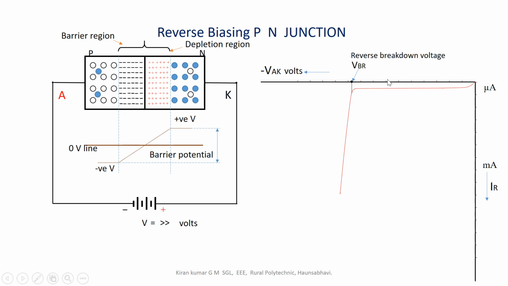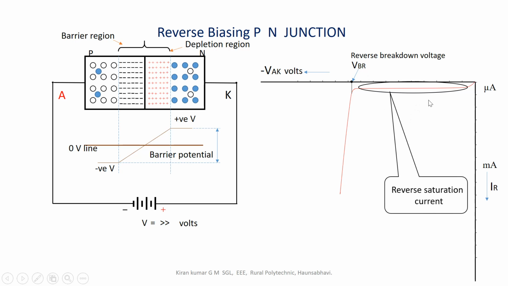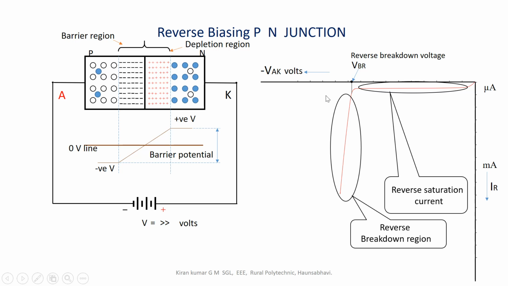The region before the reverse breakdown point is called the reverse saturation current region. Once the reverse breakdown voltage is applied to this diode, it starts conducting heavy current, and this region is called the reverse breakdown region.